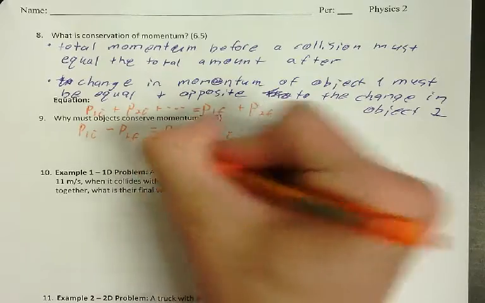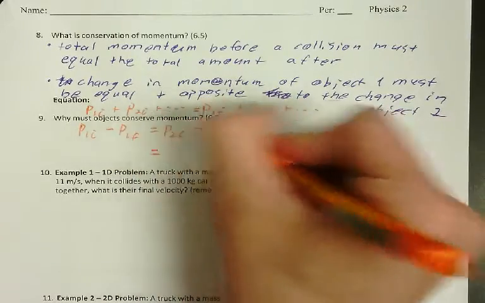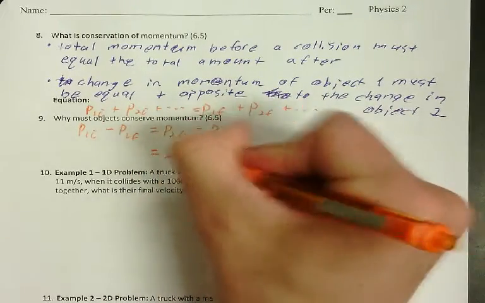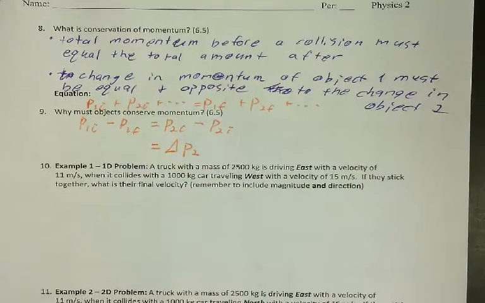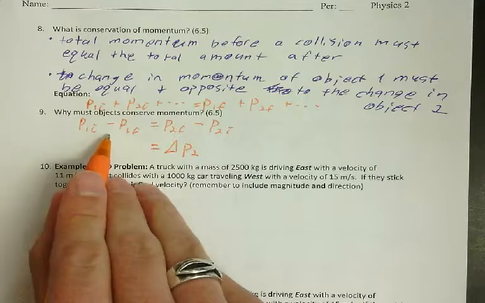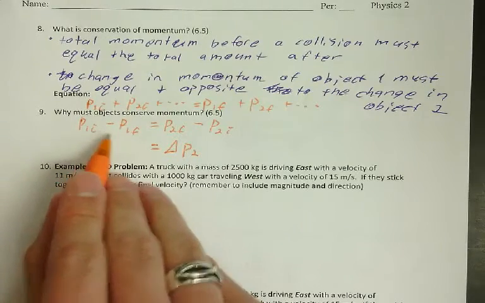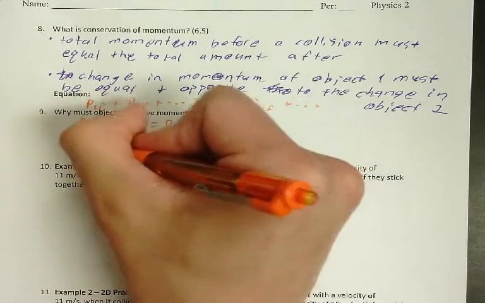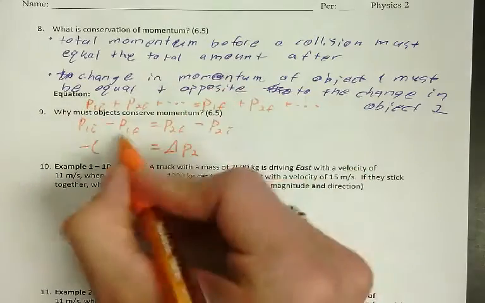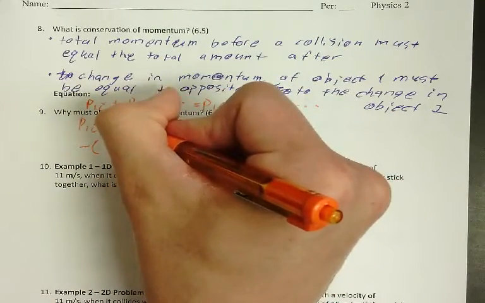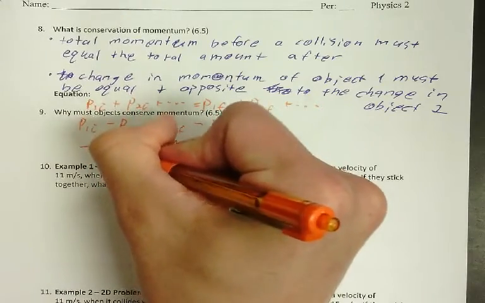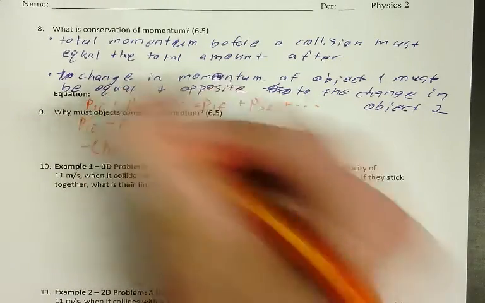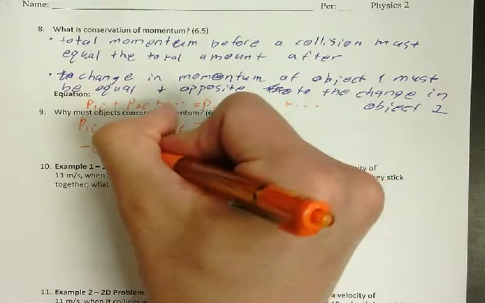I know final minus initial is called delta, so that's the change in momentum for object 2. So I'm going to call this delta P2. And this would be final minus initial if it was negative, so I'm going to pull a negative out and make this final. If I pull a negative out of this, it becomes minus P1 initial.